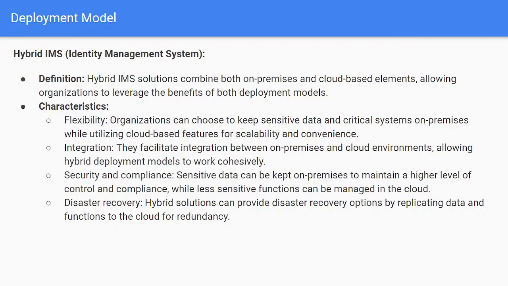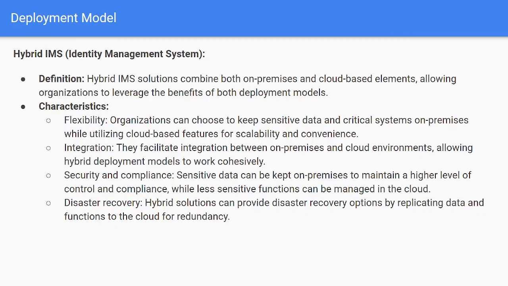So the sensitive information, the core system, can be kept on premise, which gives you a higher level of control and compliance, where you can make certain policies and ensure that they are upheld. And your less sensitive functions are managed by the cloud service provider.